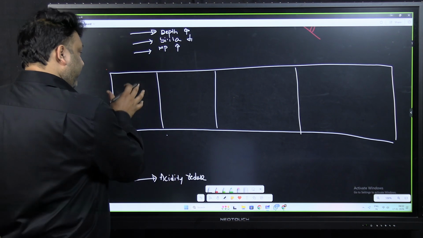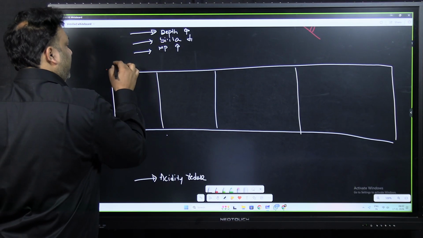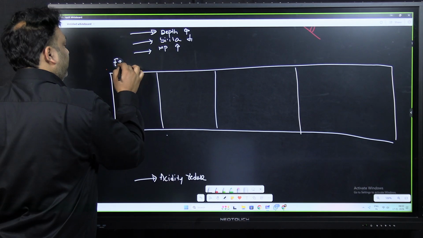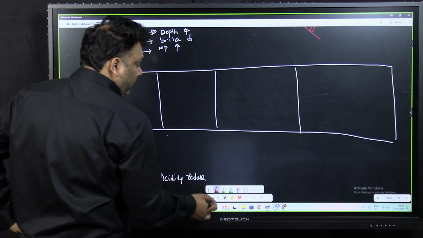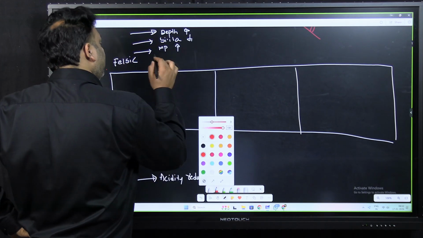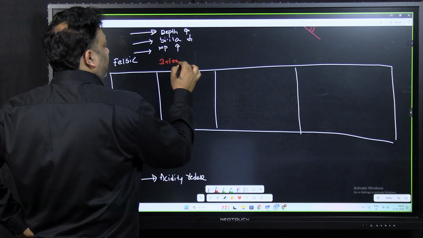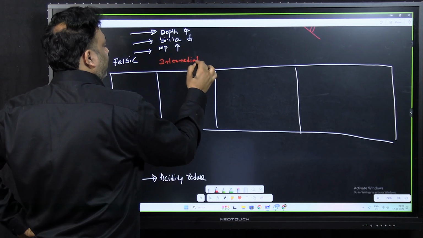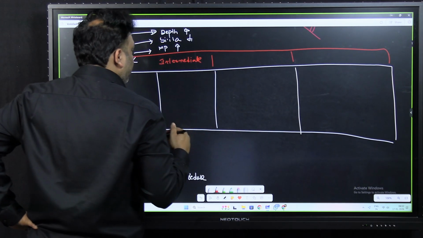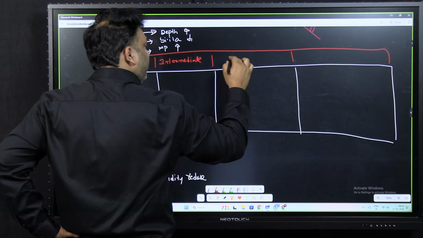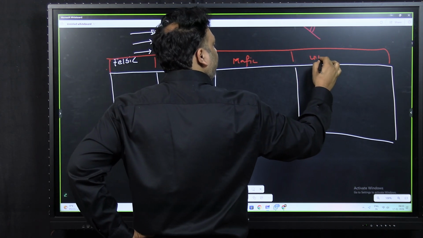So these are the rocks which are present in the upper layers of the earth, and these rocks are called as felsic rocks. Now while you are going a little bit deeper, you will find the intermediate, then you will find the rocks which are mafic, and these are ultramafic.